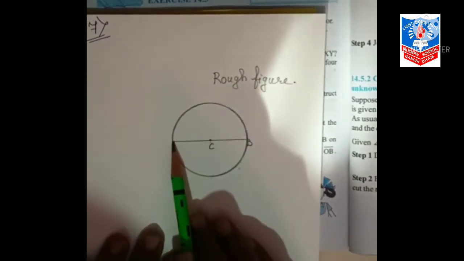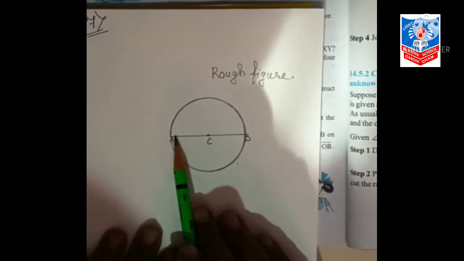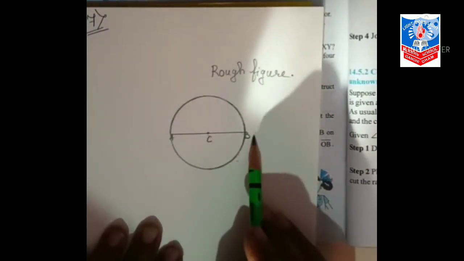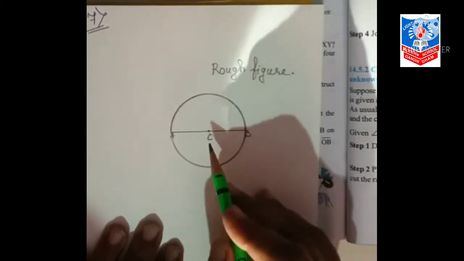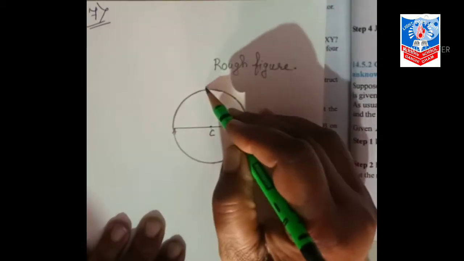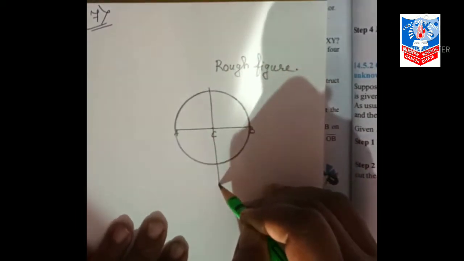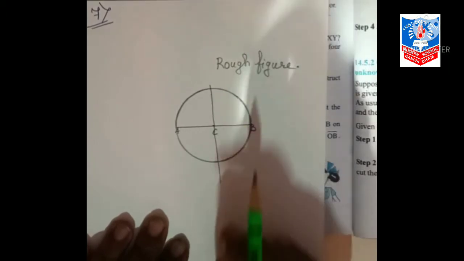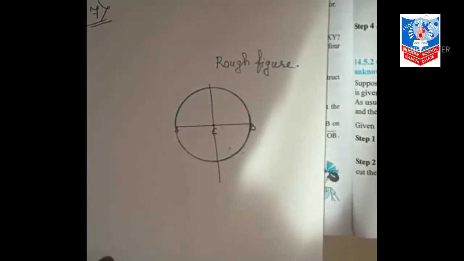Now here you have to draw line segment AB as the diameter, which passes through the center of the circle. Now in this figure, you have to construct the perpendicular bisector of AB and check whether the perpendicular bisector passes through the center C or not. Okay, this is also your homework.